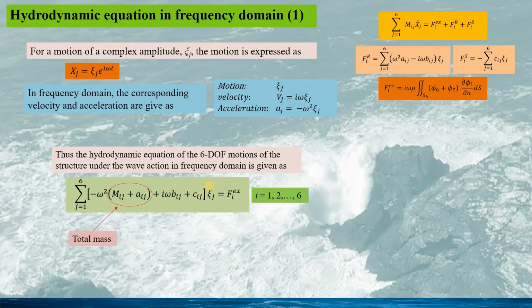So here we can see capital Mij plus Aij is the total mass matrix, and Bij is the radiation damping coefficient, and Cij is the restoring force. Fexi is the excitation force.